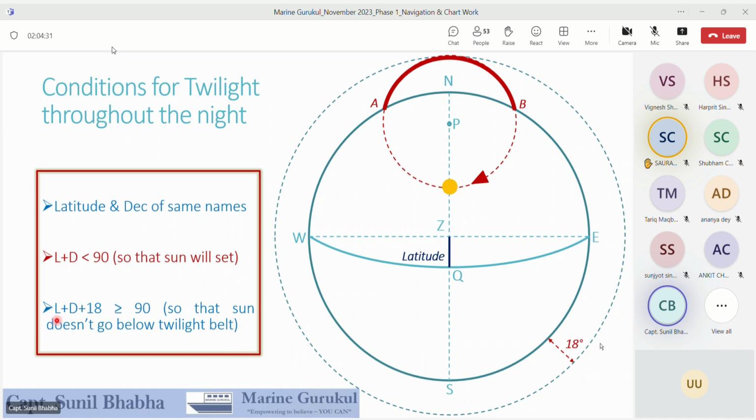So when this third condition is fulfilled, that is latitude plus declination plus 18 greater than or equal to 90, this ensures that the sun will not go below the 18 degrees belt, and the twilight will not end at any time after sunset till the next day sunrise. So these are the three conditions which should be fulfilled: latitude and declination of the same name, latitude plus declination less than 90, latitude plus declination plus 18 greater than or equal to 90, for twilight to remain throughout the night.